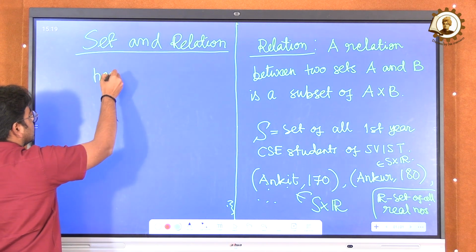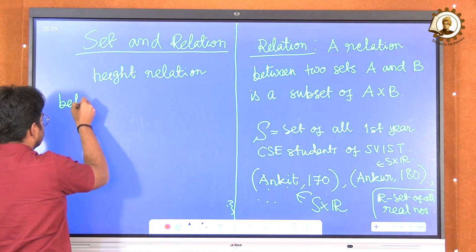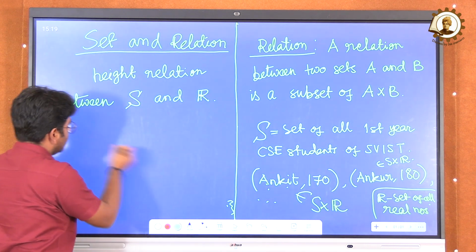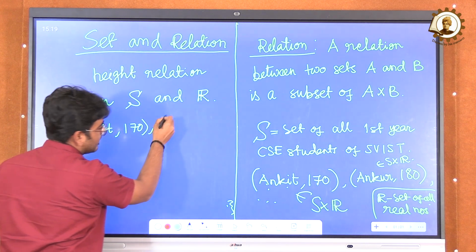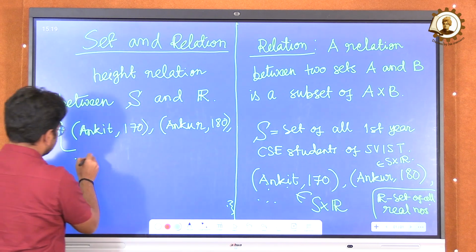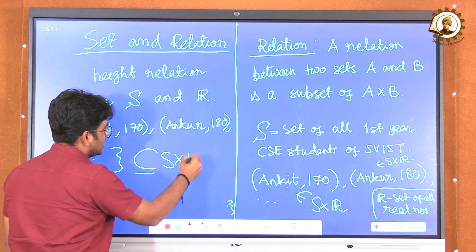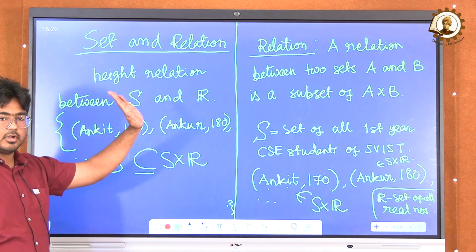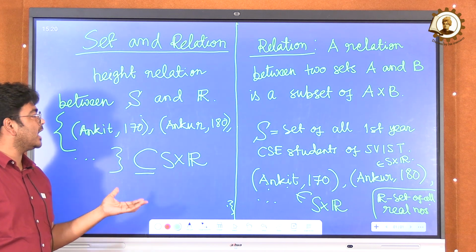We can call this the height relation between the sets S and R. All this data comes from S cross R, so it is indeed a subset of S cross R. In this way we get a relation between S and R that is a subset of S cross R. That's why this definition of relation makes sense. Now I am going to define some different types of relation and discuss some examples.